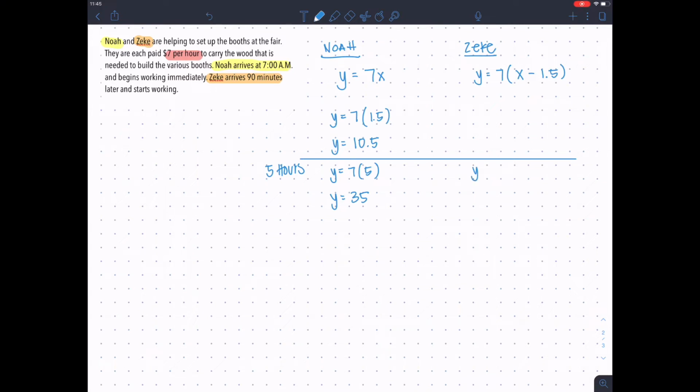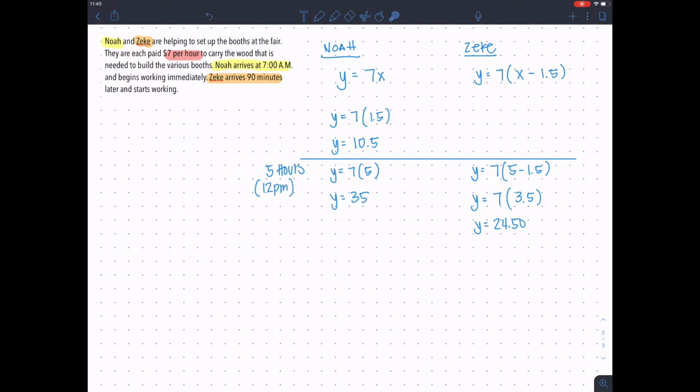And then Zeke would be working 7 times 5 minus an hour and a half. So that would be 7 times 3.5. And that would be y equals 24.50.